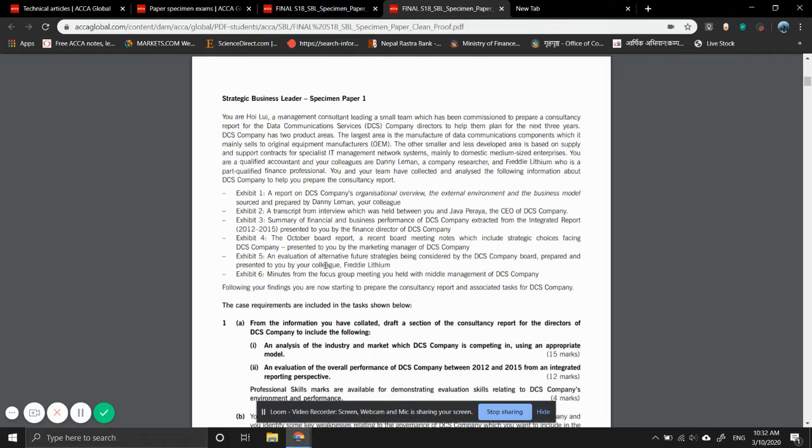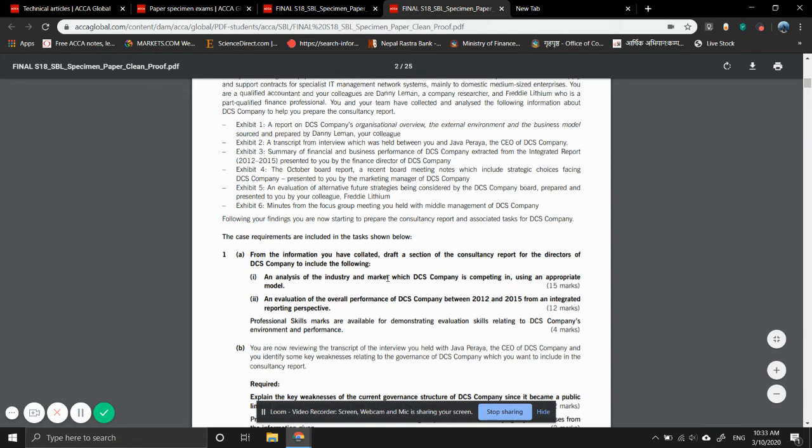Exhibit 6 is minutes from focus group meetings you held with middle management of DCS company. Following your findings, you are now starting to prepare the consultancy report and associated tasks. The case requirements are included in the tasks shown below.